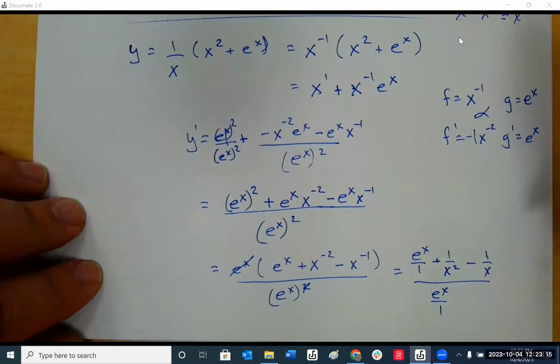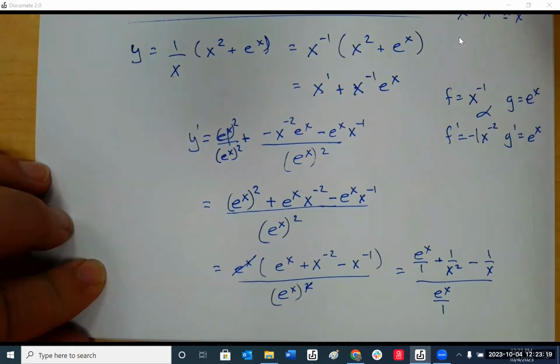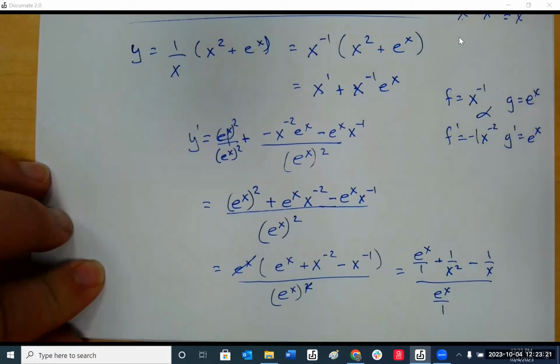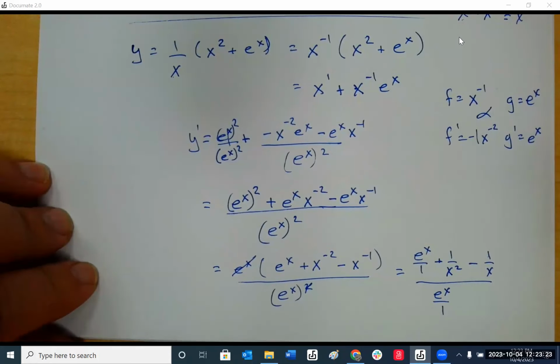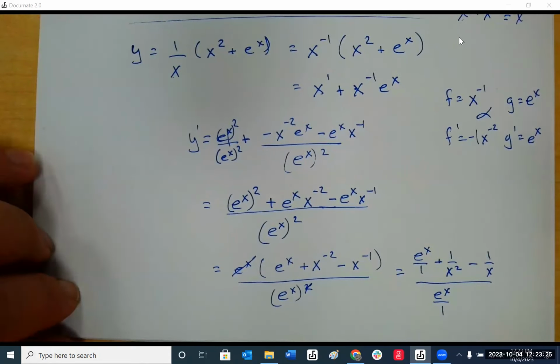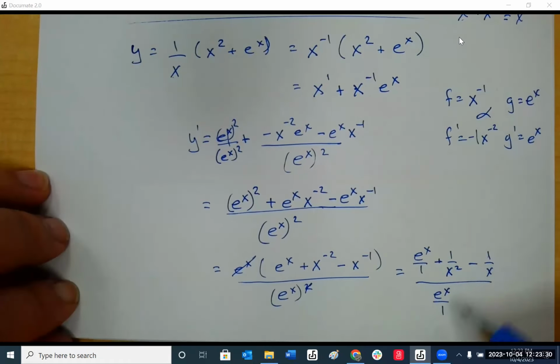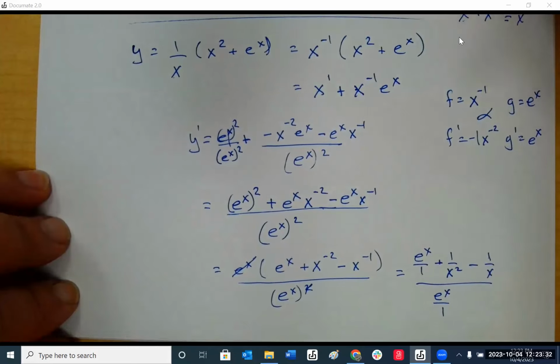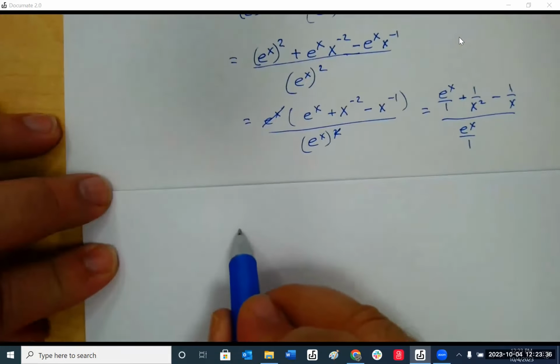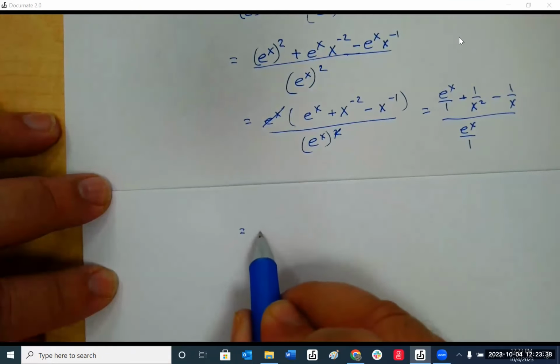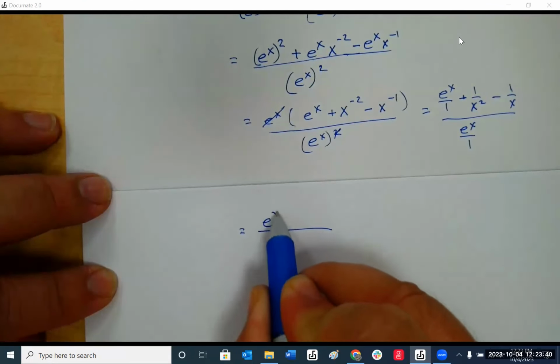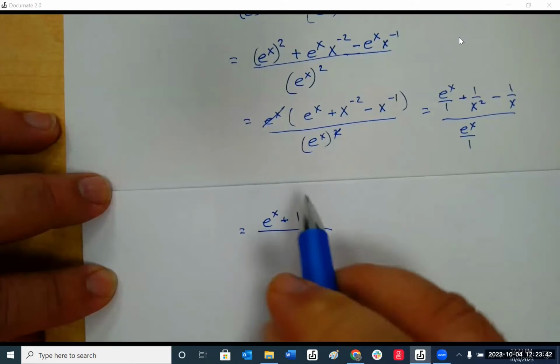Interesting how this one gives us a different answer. Well, what if you multiply the numerator by 1 over e to the x? Well, yeah, maybe. Okay, so then we have e to the x plus 1.